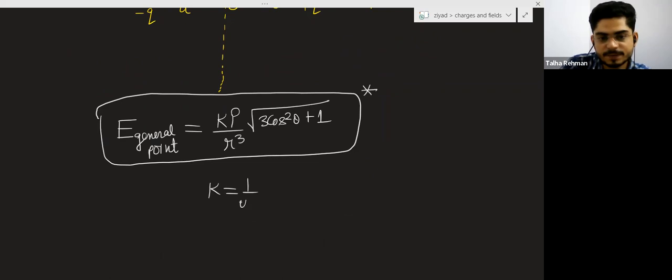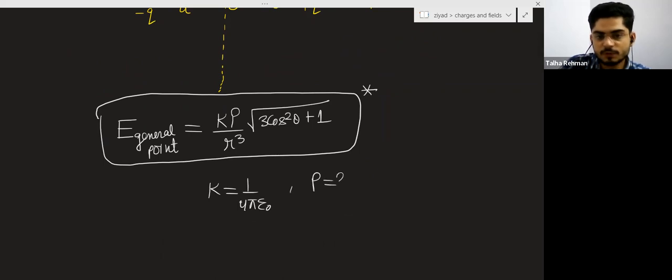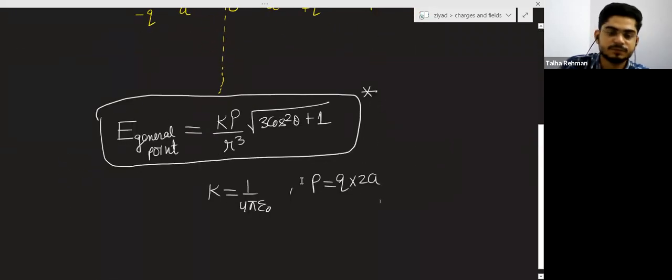K is 1 upon 4 pi epsilon naught. P is the dipole moment, q into 2a. r is the distance.